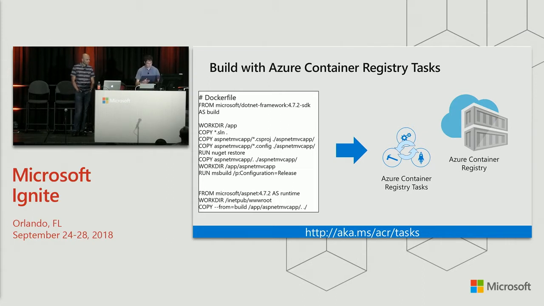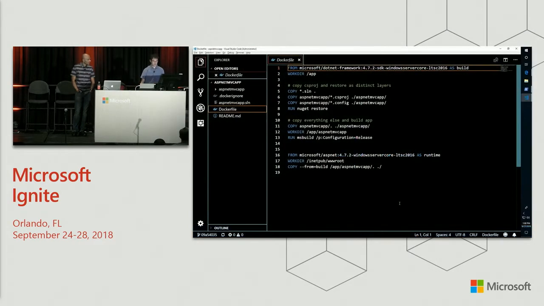And just to give you a quick view of what that actually looks like. Over here I have the same source file that was on that slide. This is a Docker file that follows what they call the builder pattern. What this is doing is using the .NET SDK that's already available in a container.